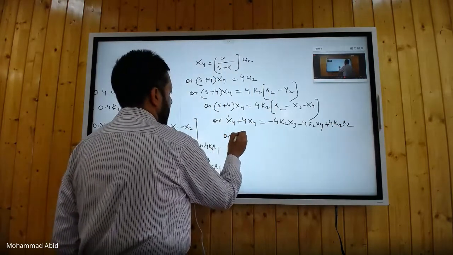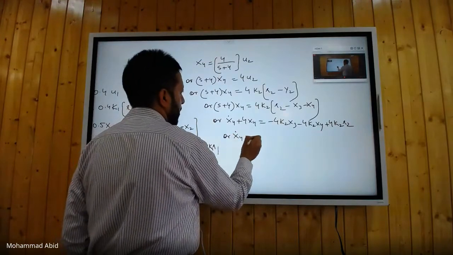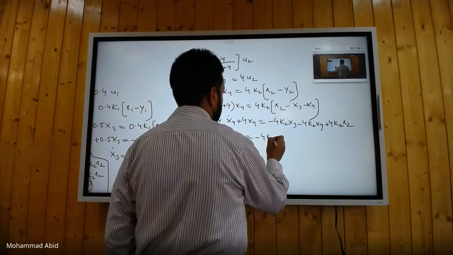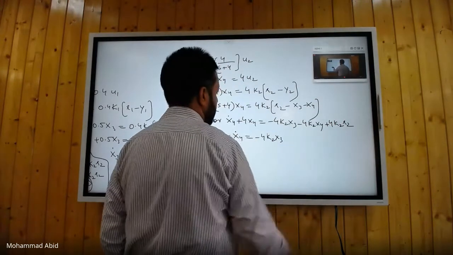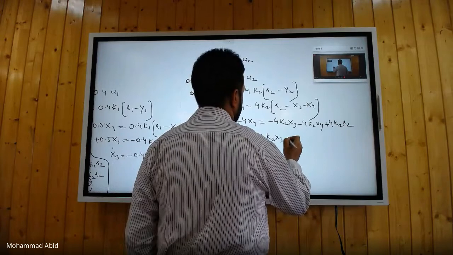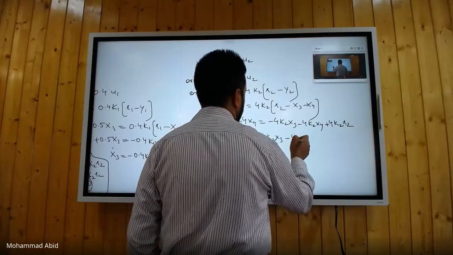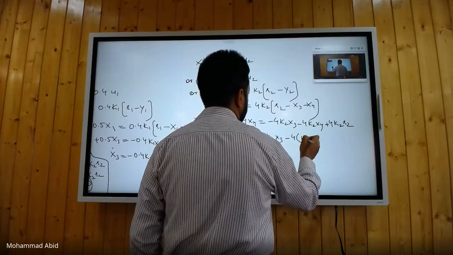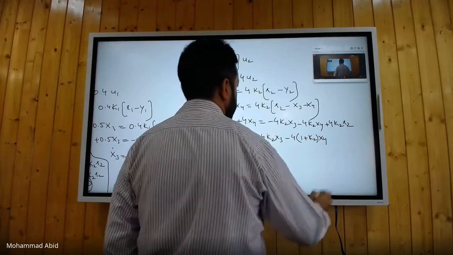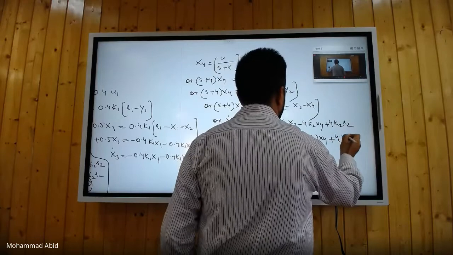Or I can write x4 dot is equal to minus 4k2 x3. So this will be minus 4 into 1 plus k2 into x4. ठीक है? Plus 4 k2 r2.